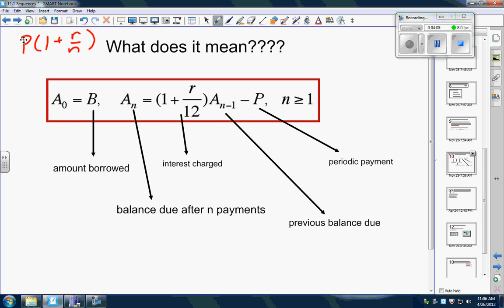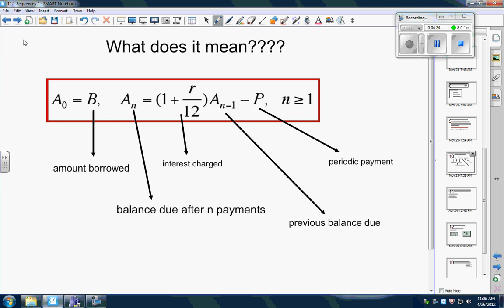Okay, so that's my $1,015 every month here. Okay, so they charge you interest on all the money you still owe. You subtract what you pay. Now, logically, the n has to be bigger than 1 because you can't have negative months that you're making payments with these things. Okay, so there's our formulas.